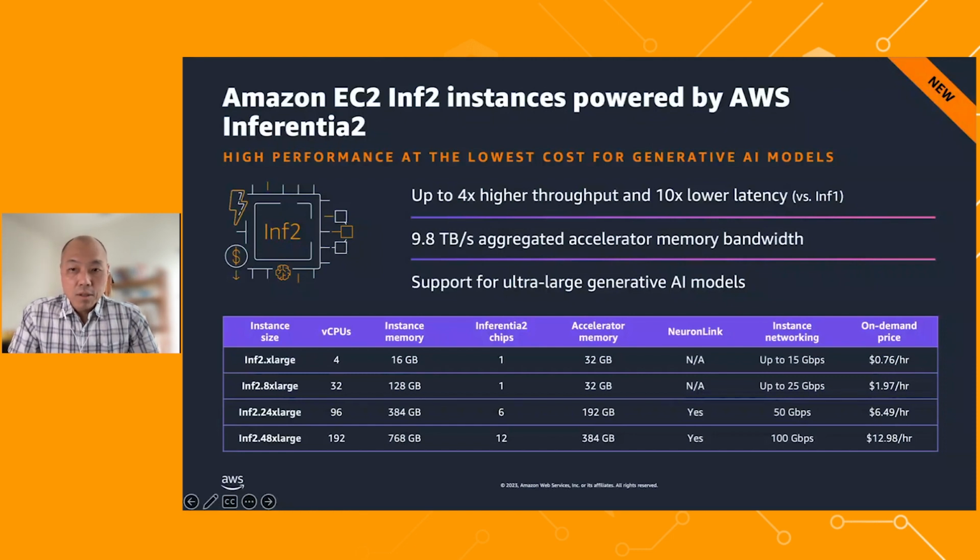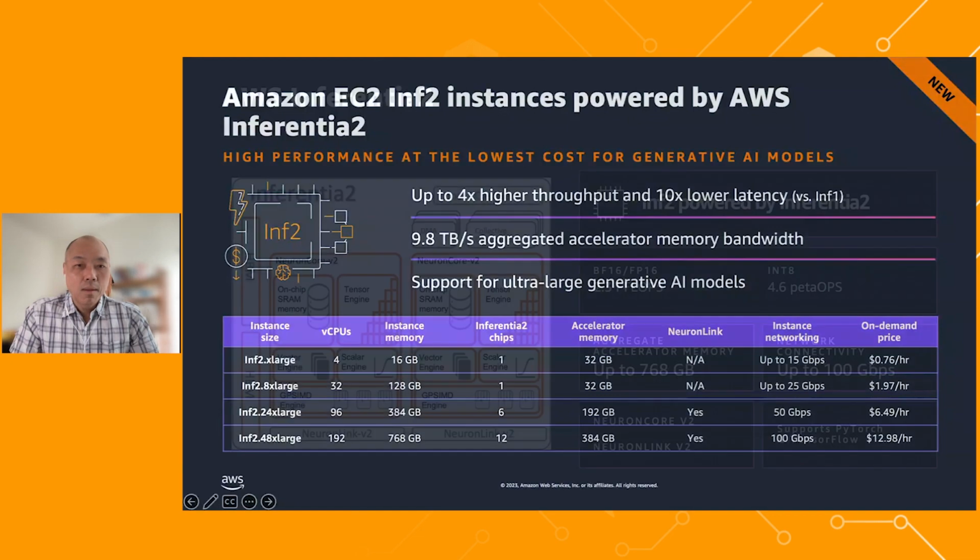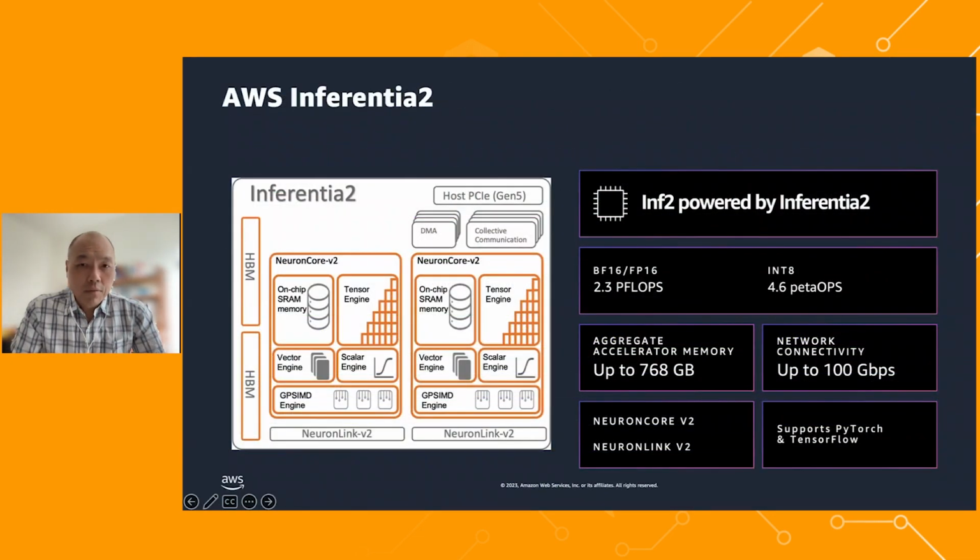And as you can see, with the instance size increase, we also increase the corresponding CPU, as well as the instance networking speed. So this is all very important for large language model inferencing in terms of the speed and the throughput.